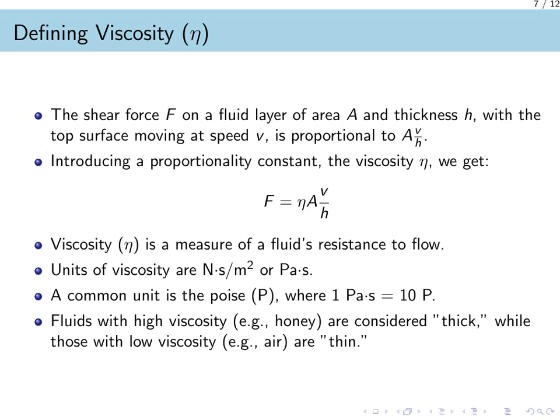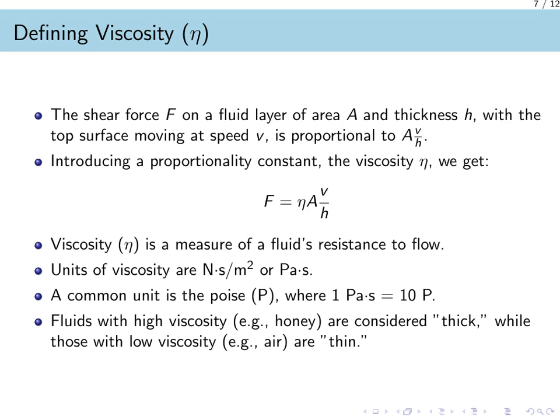This force is proportional to the area and the speed, and inversely proportional to the thickness. We introduce a constant of proportionality, called viscosity, and denoted by the Greek letter eta, to create an equation. The resulting formula is the force F equals eta times A times v, all divided by h.